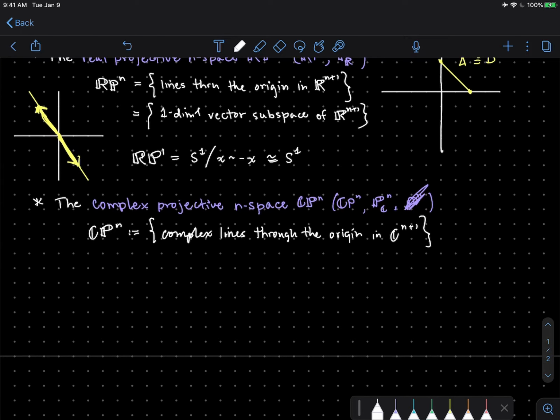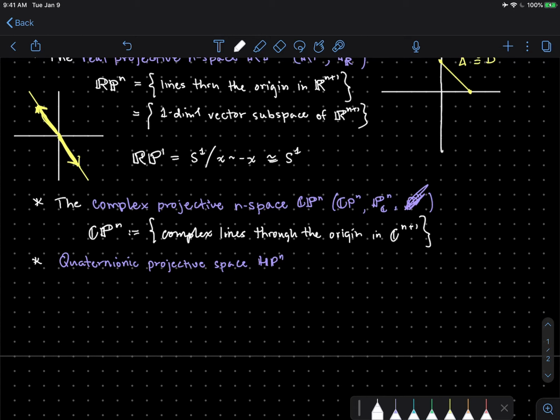And you can guess what the next one will be for quaternionic projective space. And that's, of course, denoted HPn.